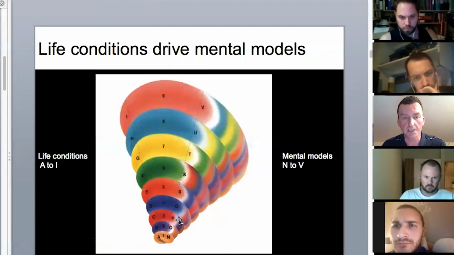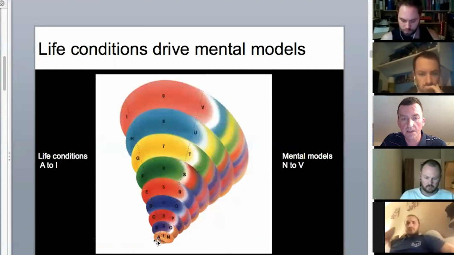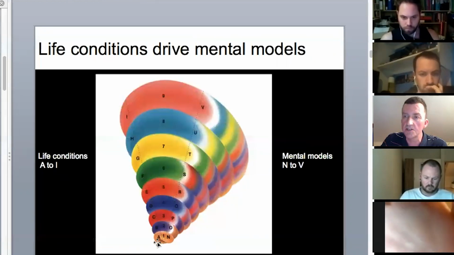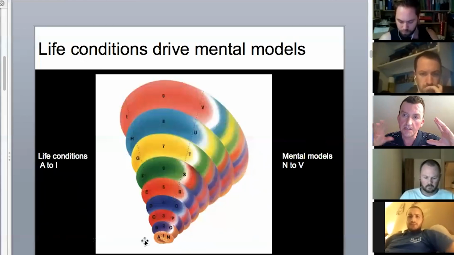What it shows is that when we came out as primates, just coming into the first humans, we came into life conditions A. Those life conditions A had a certain set of problems with them that required that we produced a mental model N to meet those life conditions. And over time, that mental model starts to operate on the environment.